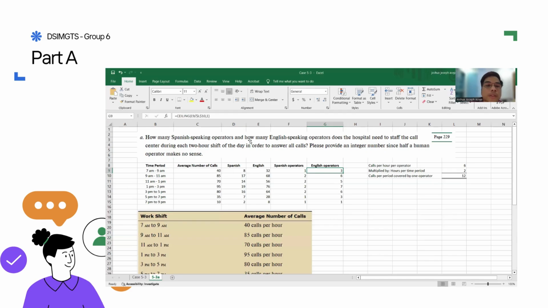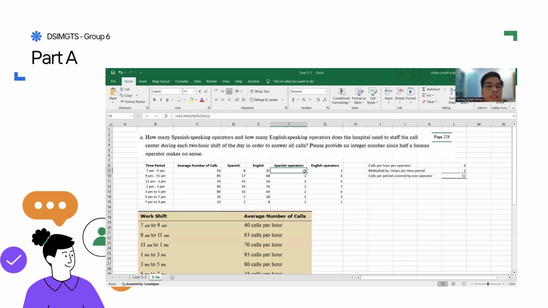And for English operators, we do the same. We use the ceiling function. 32 divided by 12 is more than 2, so we take the next integer, 3. And 3 English operators can cover 3 times 12, 36, which is just enough to cover 32 English-speaking customers.